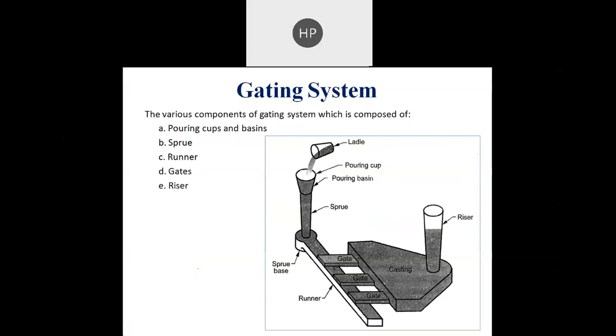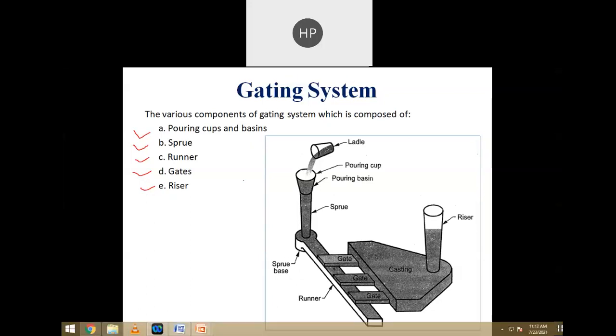The gating system has the following components. First is a pouring cup or basin. Second is a sprue. Third is a runner. Fourth is a gate, and fifth is a riser. These five components, in combination, are the part of a gating system.